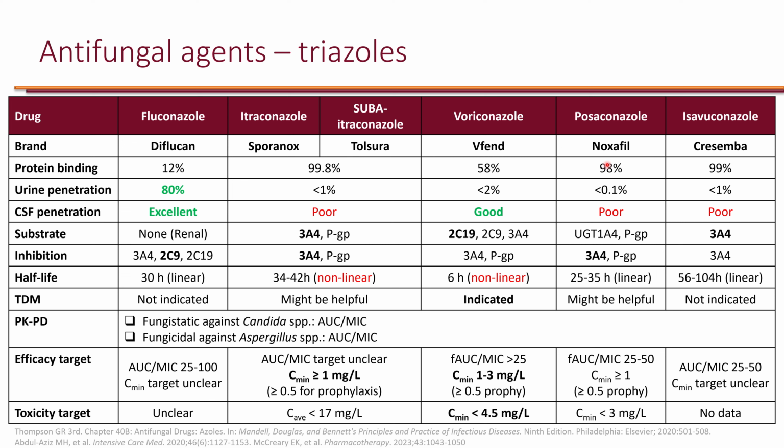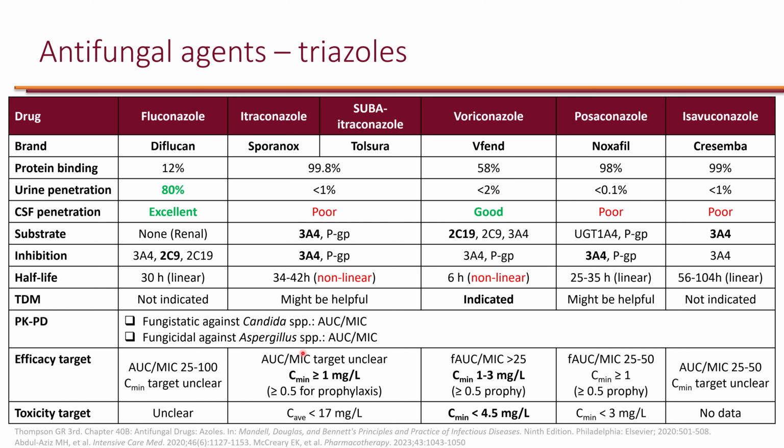Again, the delayed release tablet has excellent bioavailability. And last but not least, isavuconazole has excellent bioavailability as an oral formulation, and therefore therapeutic drug monitoring is not indicated. Of course, a target trough has not been established. Also, it is very well tolerated, so a toxicity target has not been established for isavuconazole.